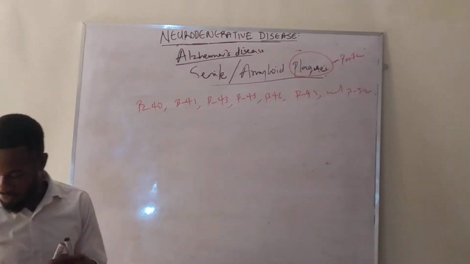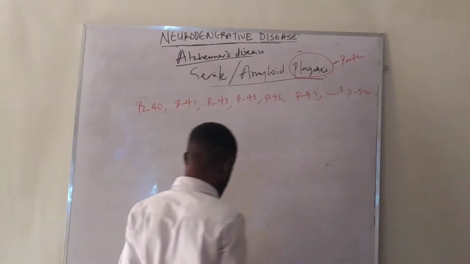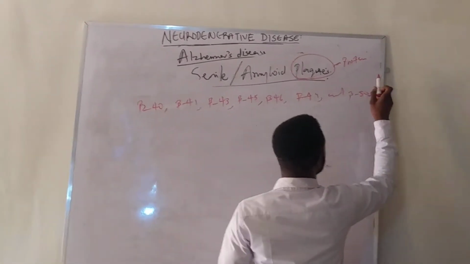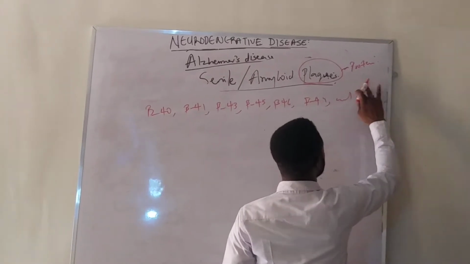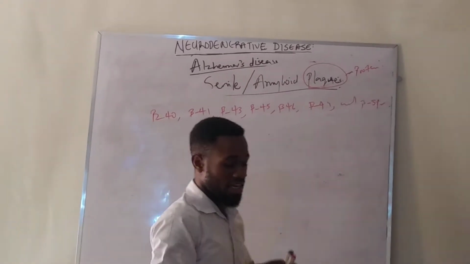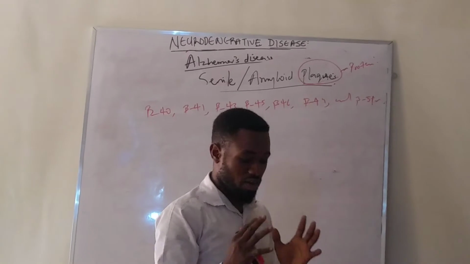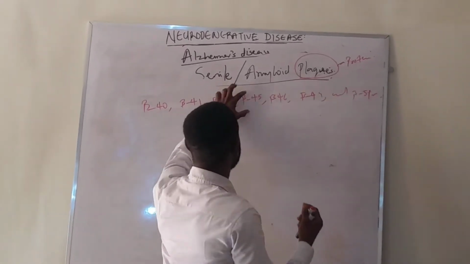So these are the fragments into which the gamma and the beta secretase cut beta amyloid.